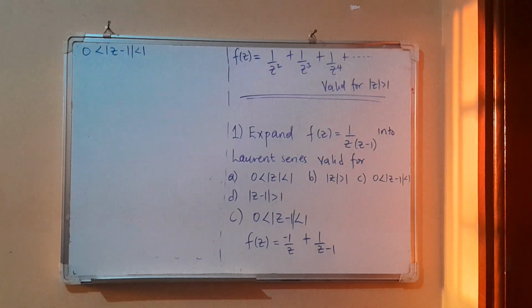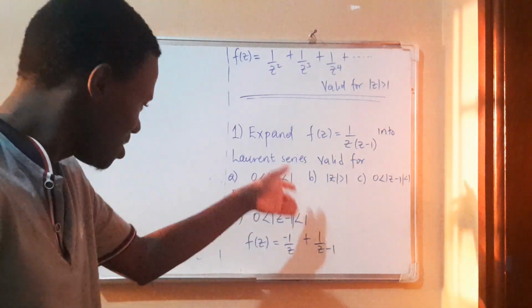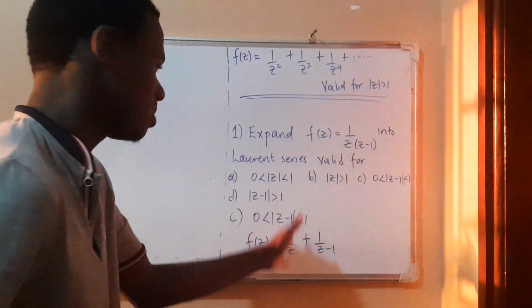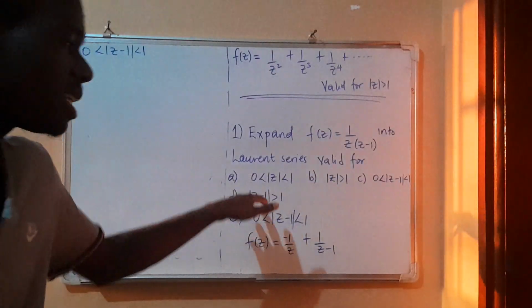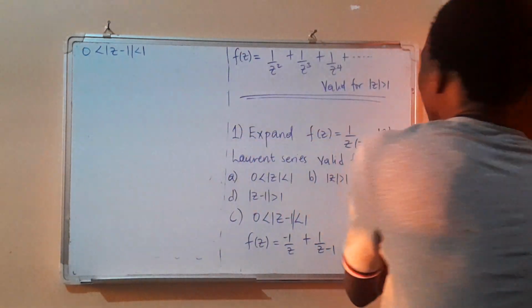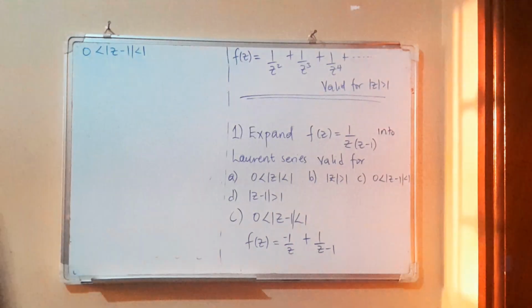That can also help you appreciate the fact that we did not tamper with this, because it is already in the required form, as in it is already expanded about z equals 0. So part A, we obtain the series representation about z equals 0. Part B, we also obtain it about z equals 0. Now part C, we want to obtain the series representation about z equals 1.